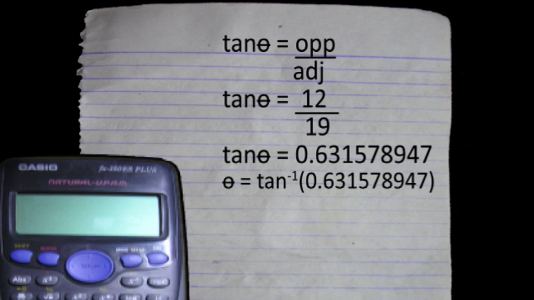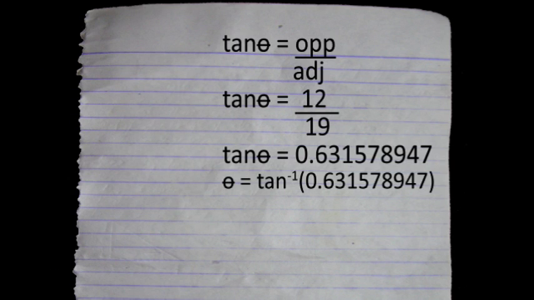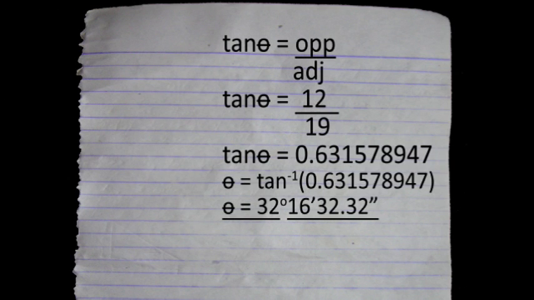In your scientific calculator, press shift and tan so you can get tangent -1. So, tangent -1 again times 0.63157894737 is equal to 32 degrees 16 minutes and 32.32 seconds.